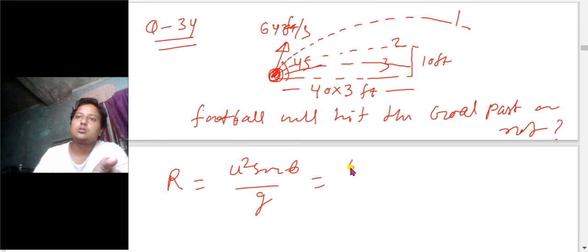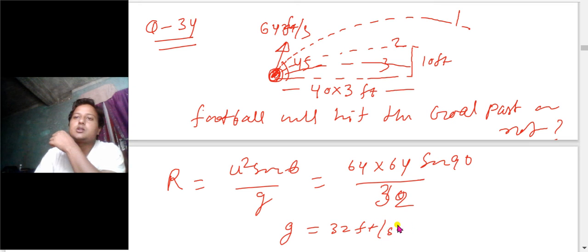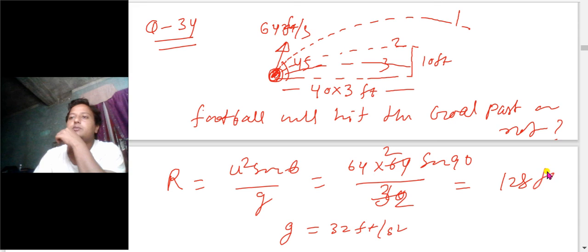So 64 multiplied by 64 times sin 90 over g, where g is 32 feet per second square. That equals 128 feet. 128 is something here, so the ball will follow the third path.